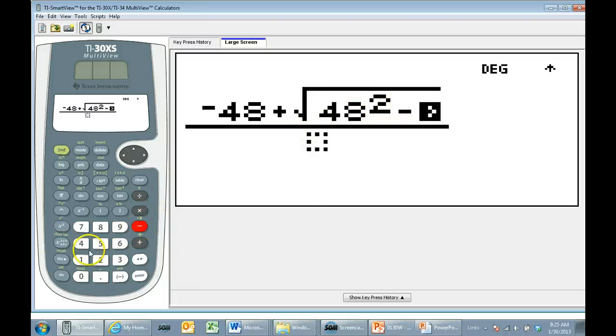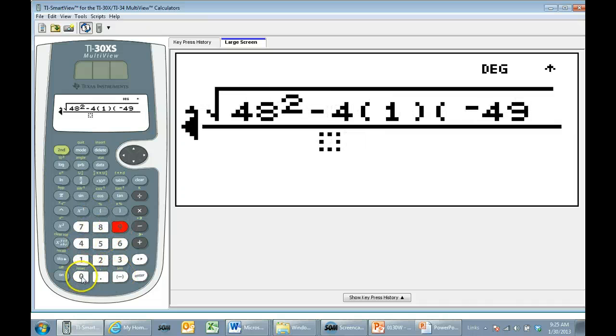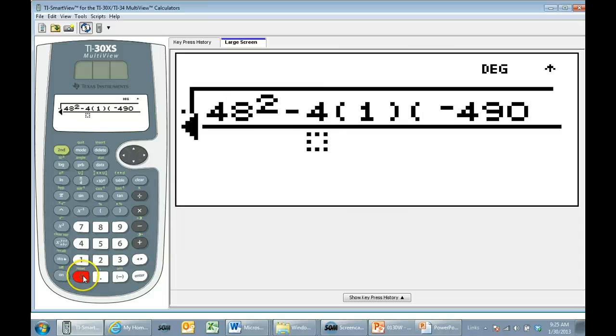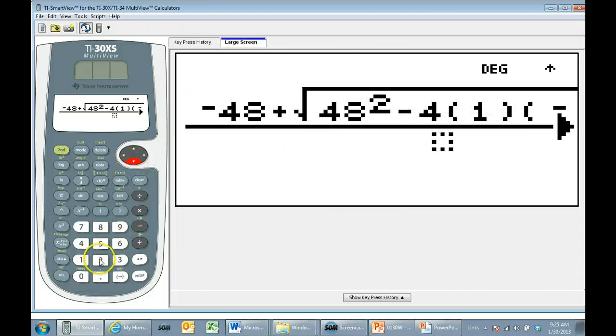Just keep that in mind. Minus 4, you don't really need the 1. Again, I'm just showing it so there's no confusion, no mystery. Okay, 4,900, that's our c, all over 2a.